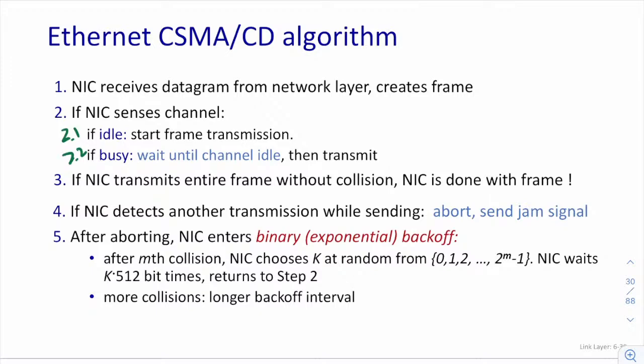So 1, 2, 3 is very nice, but we have to take a look at step number 4. When you send your frame and the interface card detects another transmission while sending, that means you encountered a collision, and you simply abort the transmission and send the jam signal.